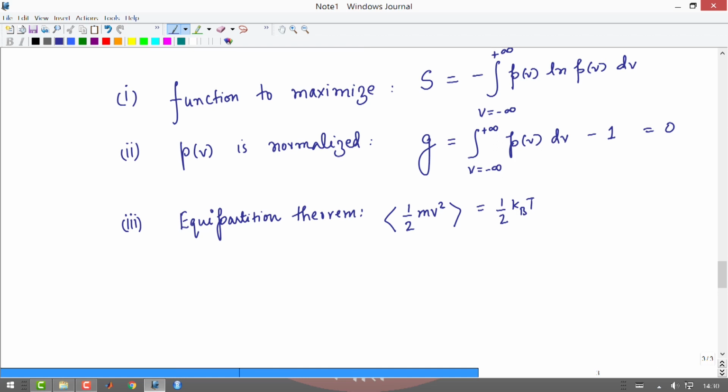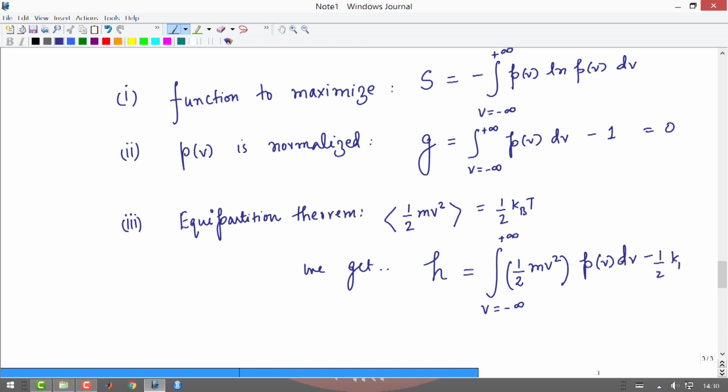So, this basically gives me my constraint H. I am going to write down my constraint H as simply the integration over v from minus infinity to plus infinity of half mv squared measured in this distribution, minus half kT, is 0.